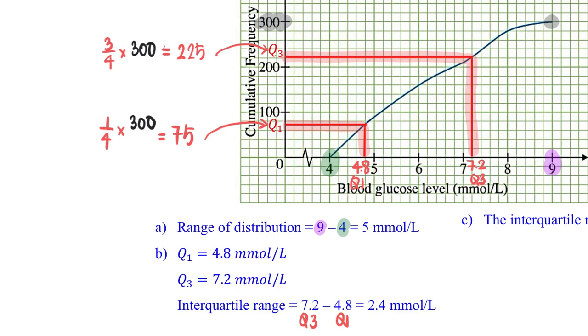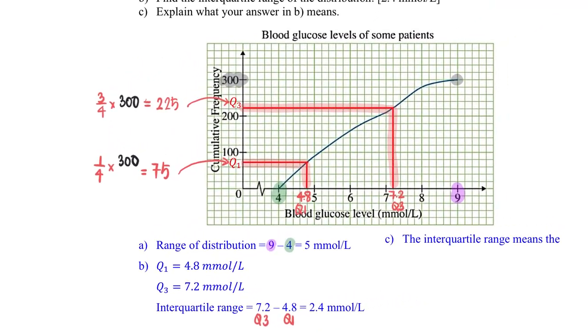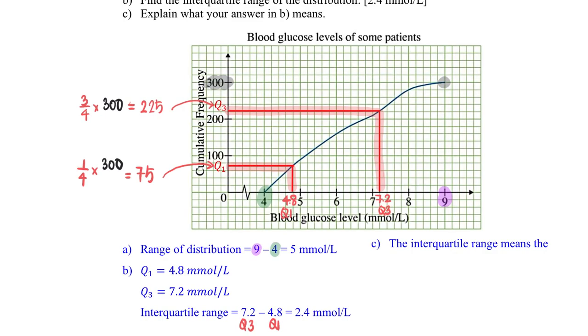What does this interquartile range mean then? Well, it means that for this particular middle 50% of the data, so this is, I repeat, this is the middle 50% of the data.